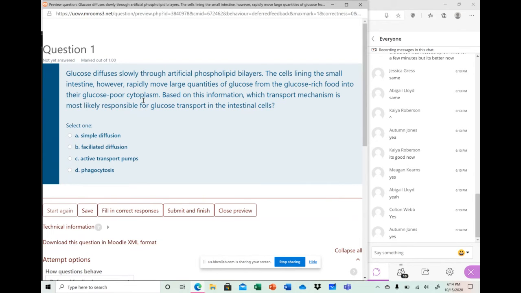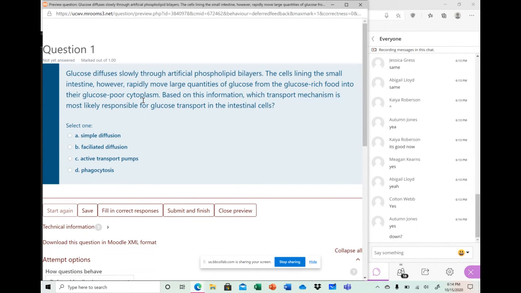So am I moving down gradient or against gradient? Correct. Good. Yeah, we're moving down gradient, right?